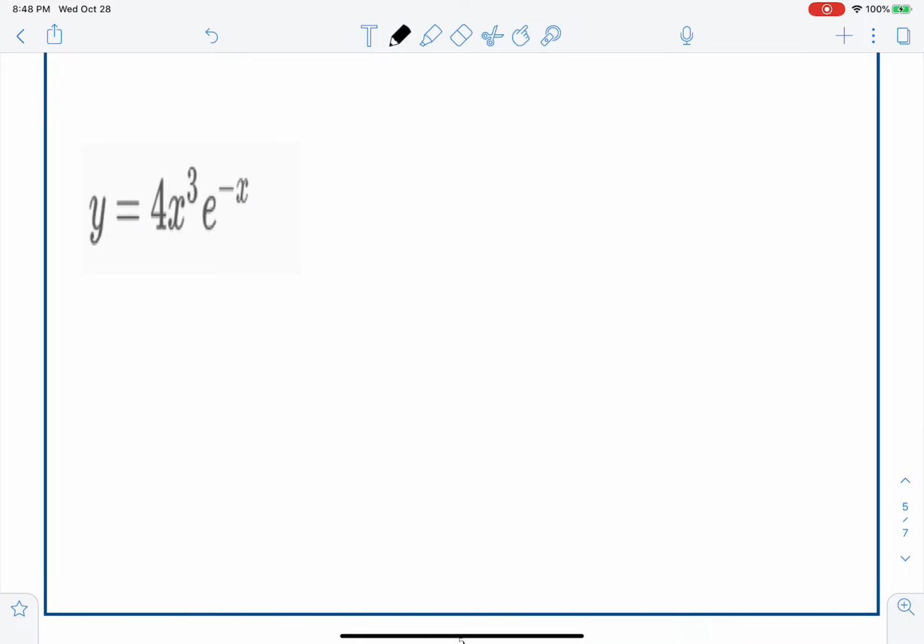So here we have a problem where y is equal to 4x cubed multiplied by e raised minus x. So we have terms in product here. So what I'm going to do is write y as 4 times the bracket x cubed e raised minus x. All I have to do is find the derivative of the terms that are inside the square bracket, multiply it by 4 to find the derivative of y.